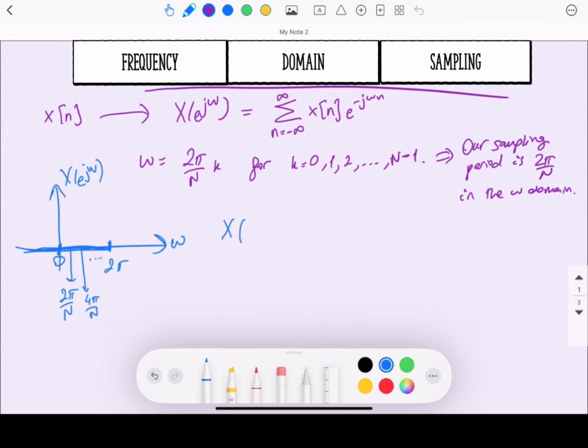And the sampled DTFT is equal to X of e to the j 2 pi over N k, or we could call this X of k. This is the summation of x of n times e to the minus j 2 pi over N k n.